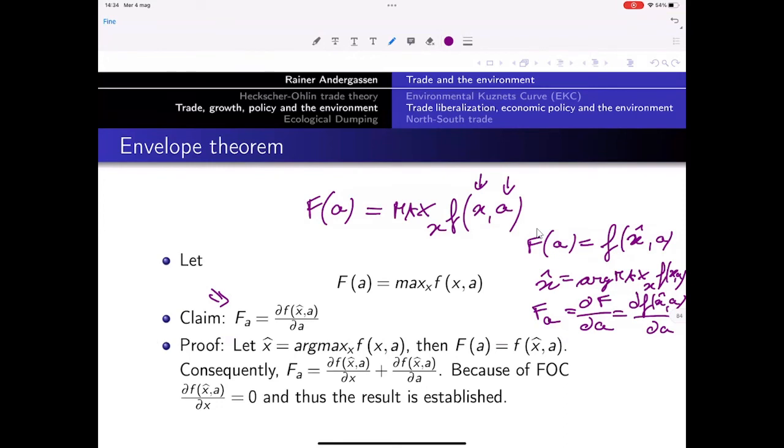This is a constructive proof. It helps you explain what's going on here. The proof is very simple.